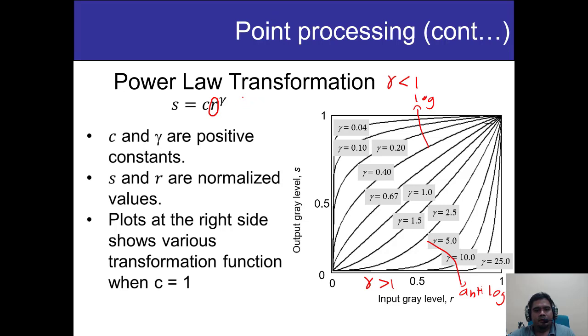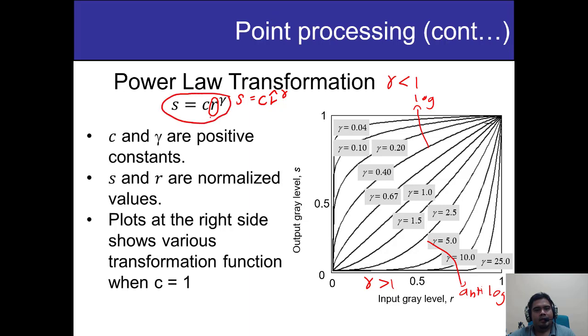The formula should be something like this: S equals C times R hat, where I put R hat there to represent a normalized R, raised to gamma. It's not as expressed in this slide there.